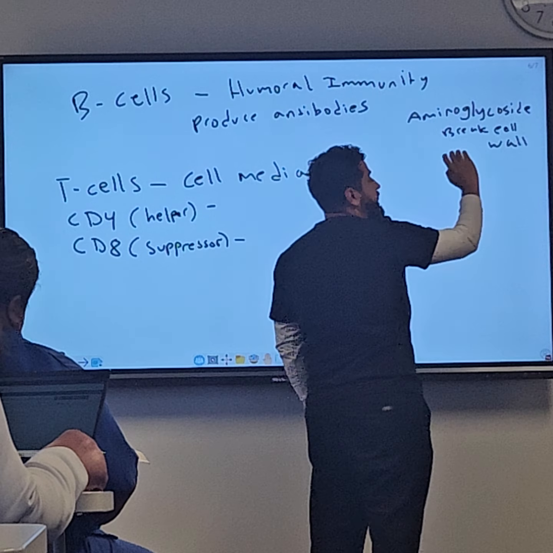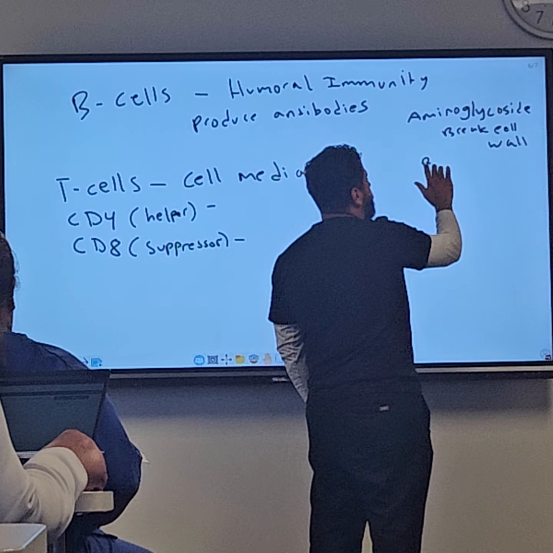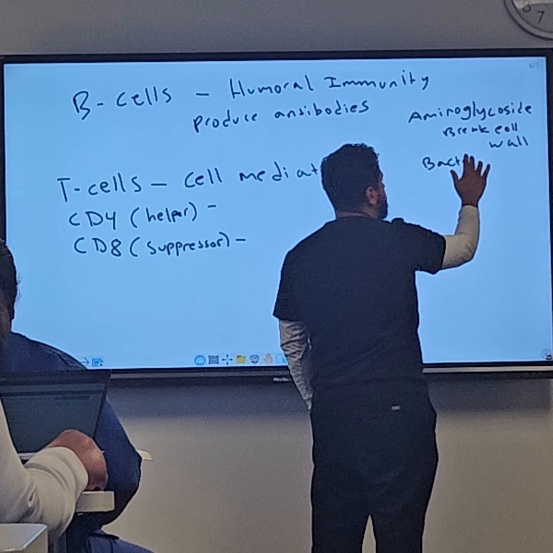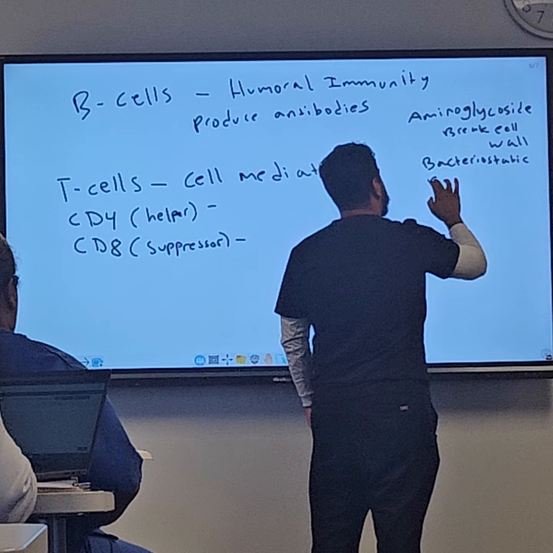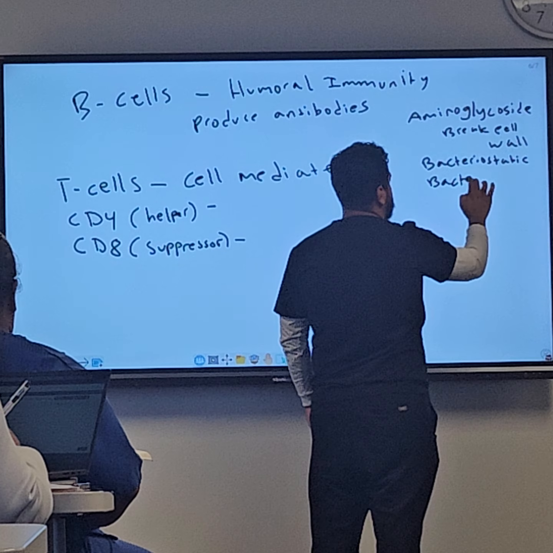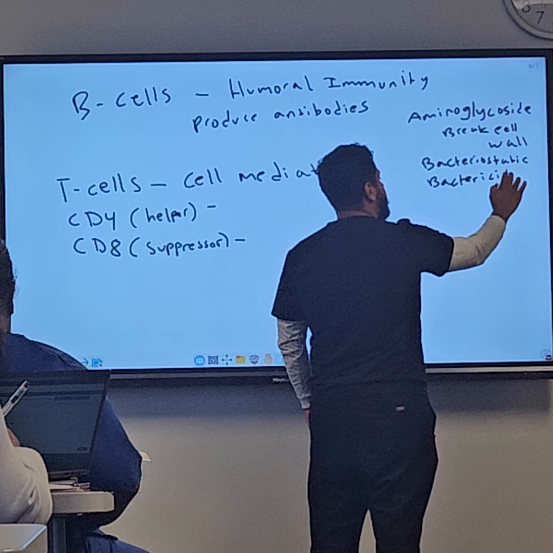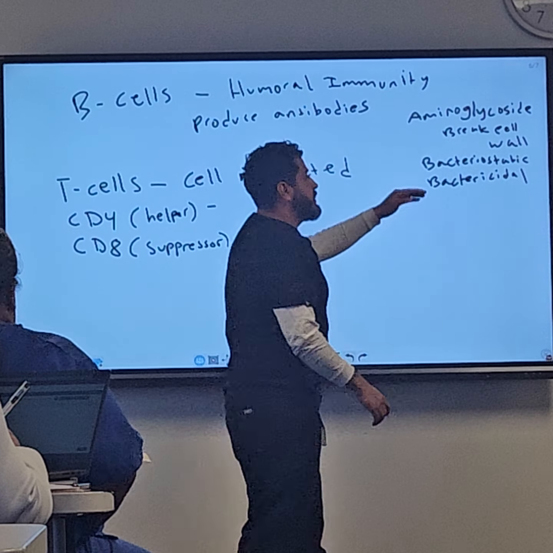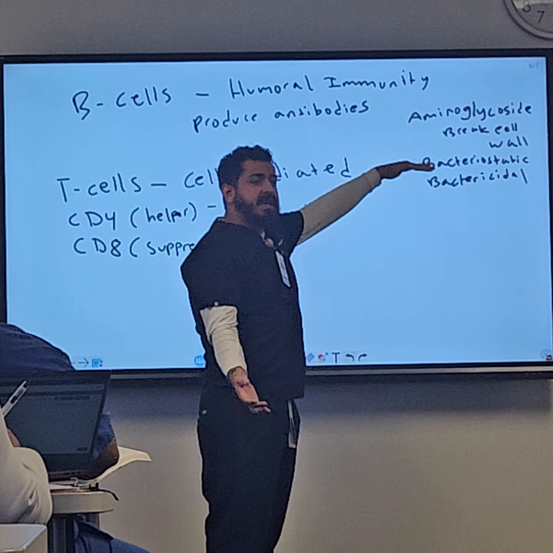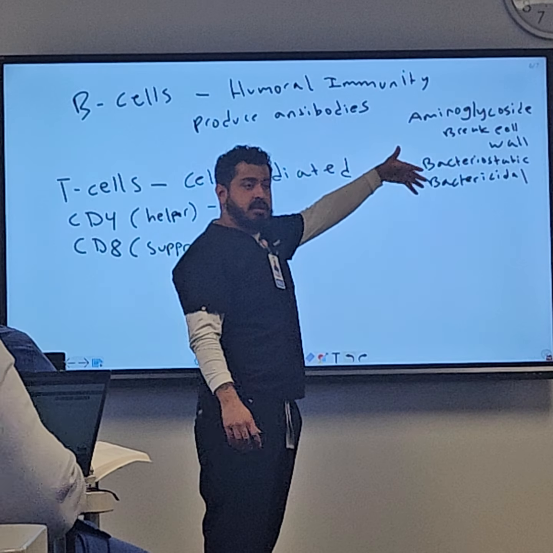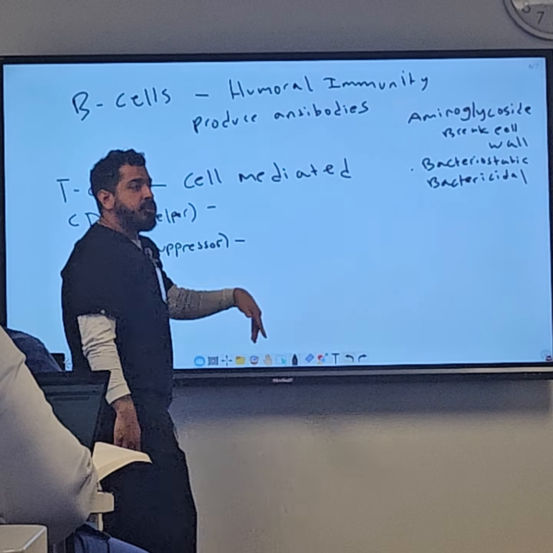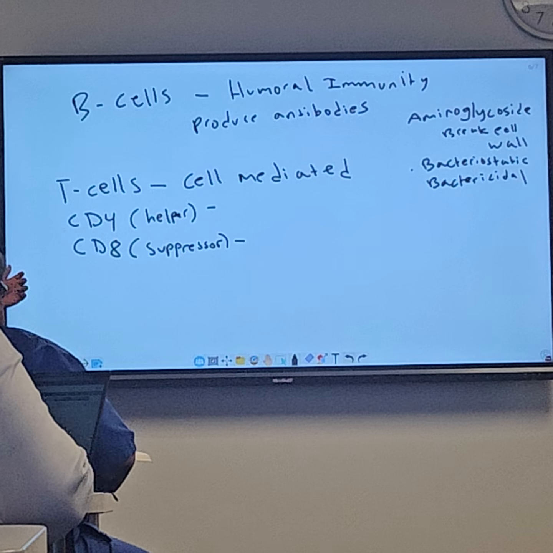And that's why you see that some antibiotics are bacteriostatic, and others are bactericidal. This means that it either stops the production and your body is able to overtake it, or it actually kills the bacteria in order to help manage and treat the infection.